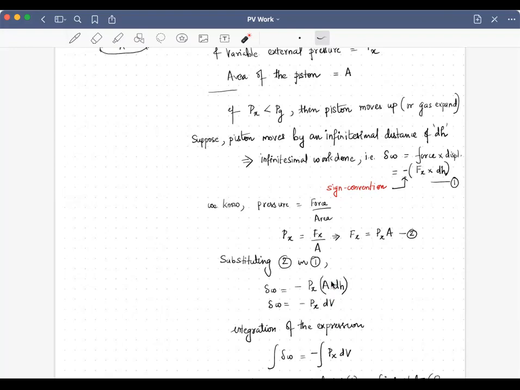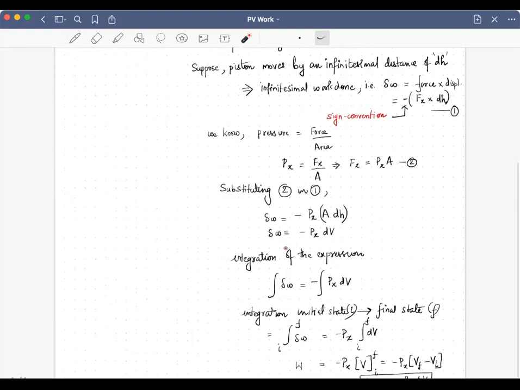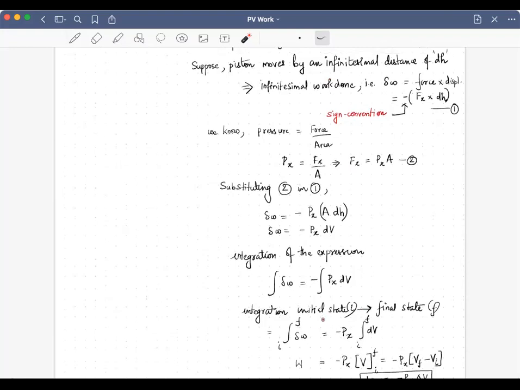Now, this is the differential form of the work done relating to pressure and volume. If we want to know the finite change in the work, we integrate, putting in the initial and final states. Initial state we represent as i, and the final state as f.